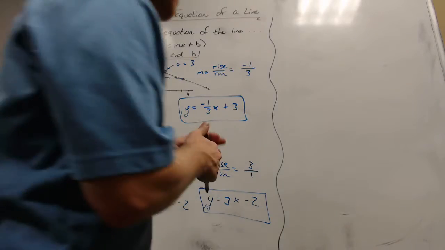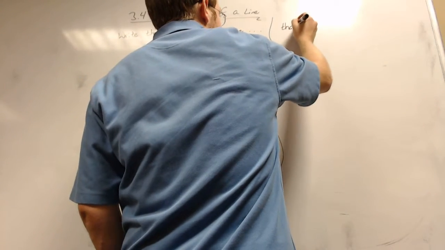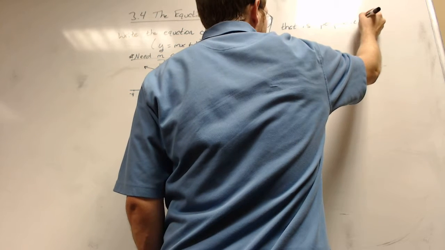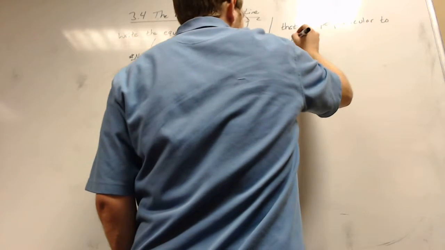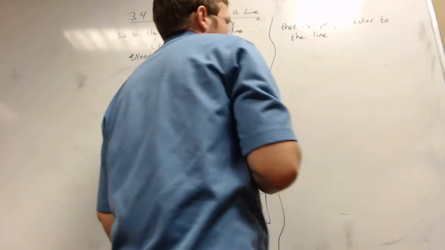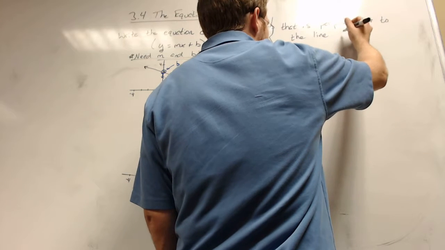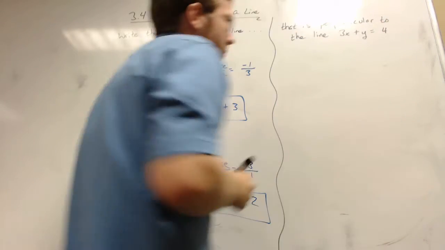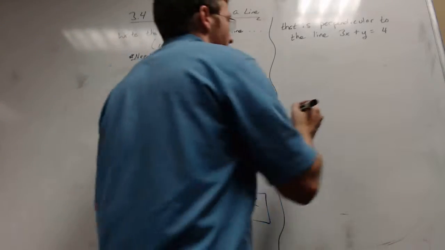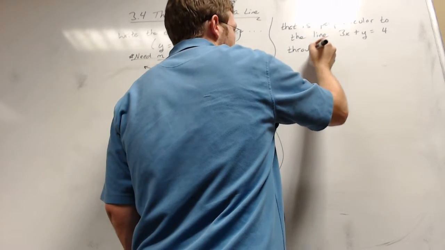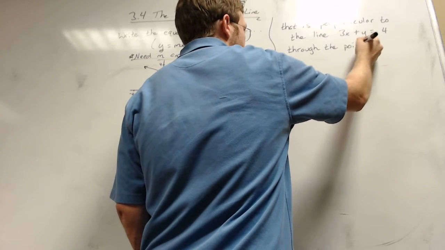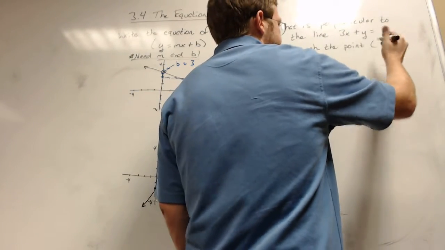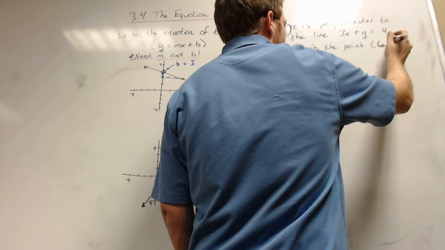Say, let's write the equation of the line that is perpendicular to the line 3x plus y equals 4 through the point (6, 1).